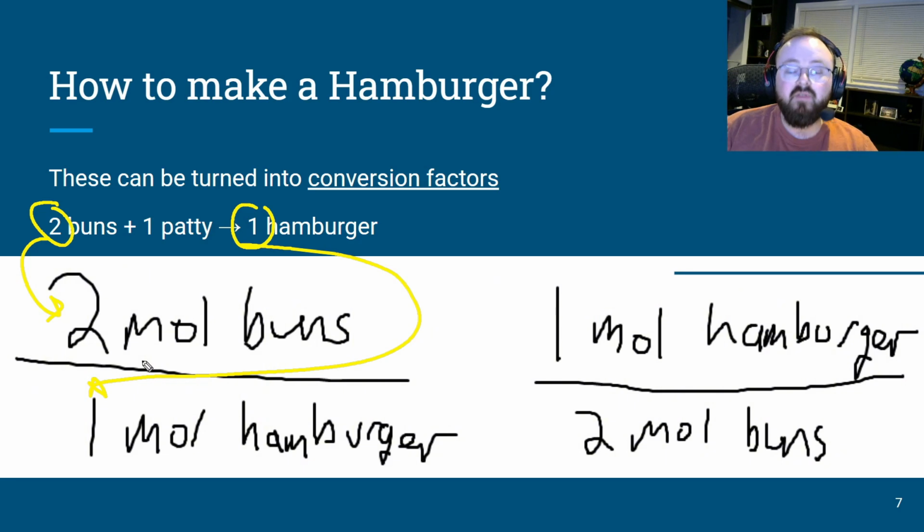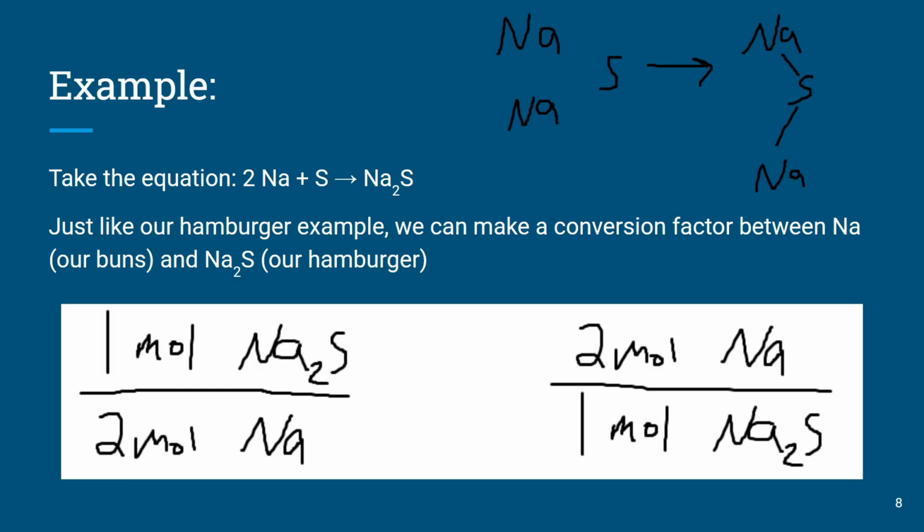And like any conversion factor that we have worked with, we can flip it. Every 2 moles of buns, I will have 1 mole of hamburgers. Every 1 mole of hamburgers, I'd have 2 buns. It's always the same ratio. Anytime we have a conversion factor, we can flip them. Okay? So, making sure that we can fit everything up here.